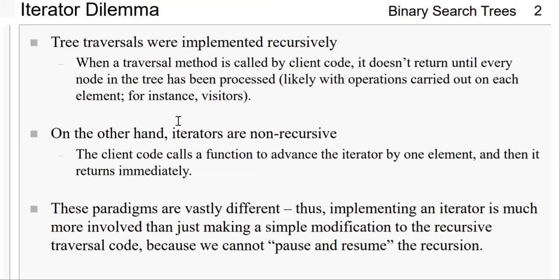Under the tree traversal, on the last slide we discussed implementing it recursively. The tree is processed until every node in the tree has been processed and carried out, and when it is done it doesn't return anything.